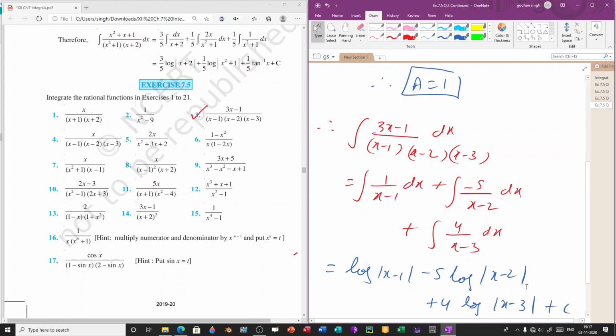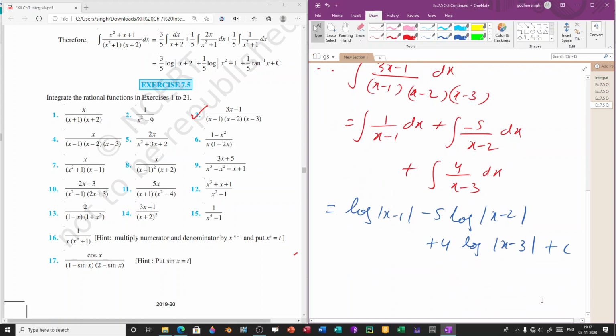This we can write as log of mod of x minus 1 into x minus 2 raised to minus 5, and the 4 can also be taken inside and written as x minus 3 raised to 4, mod closed, plus c.